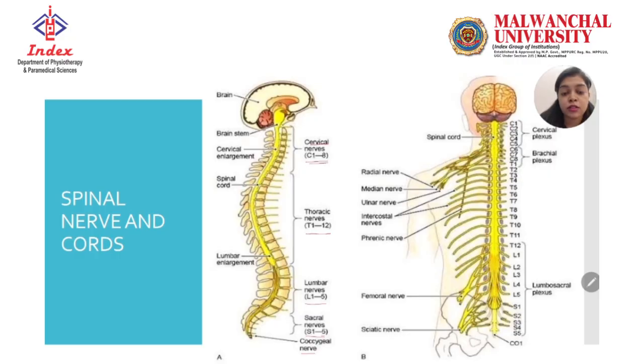If we talk about cervical nerves, there are 7 cervical vertebrae, but we have 8 cervical nerves. So why is this difference, that we have only 7 cervical vertebrae but 8 cervical nerves?